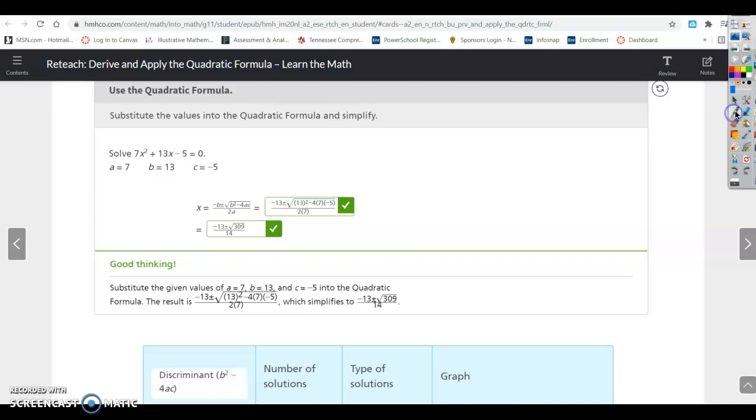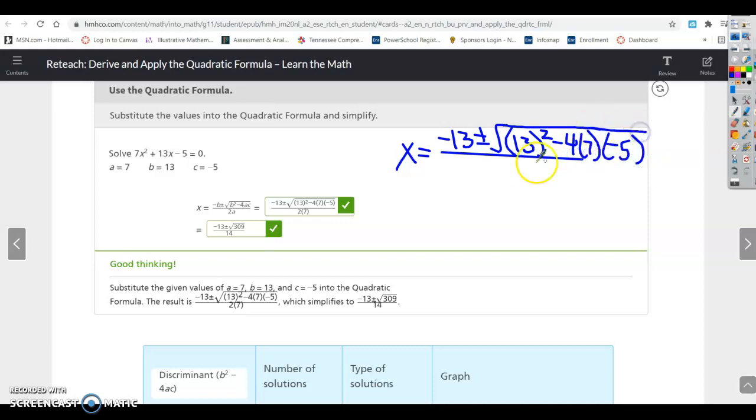So let me make sure, go through the process here. If we have x equals negative 13 plus or minus the square root of 13 squared minus 4 times 7 times negative 5, all over 2 times 7.